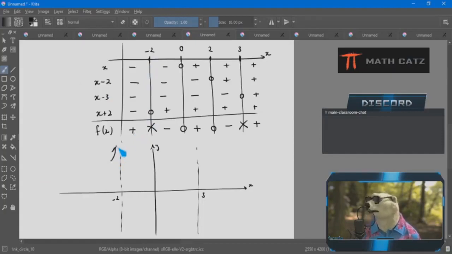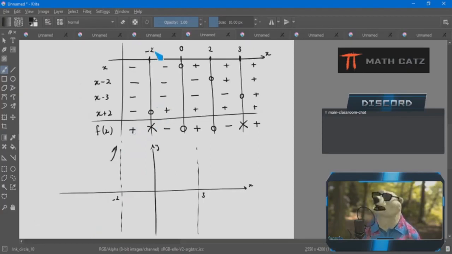I know it's going to be either going up or going down. The going down ones have negative y values, so it can't be going down. It has to be going up to fit with my table having positive y values.